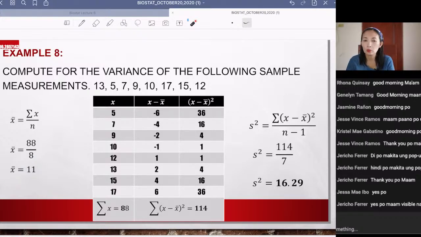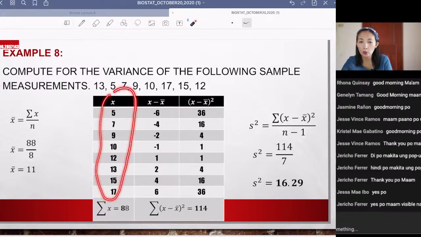Now, to help us find the squared deviation, we prepare a table which looks like this, where x is simply a listing of the individual observations. I arranged it in ascending order.